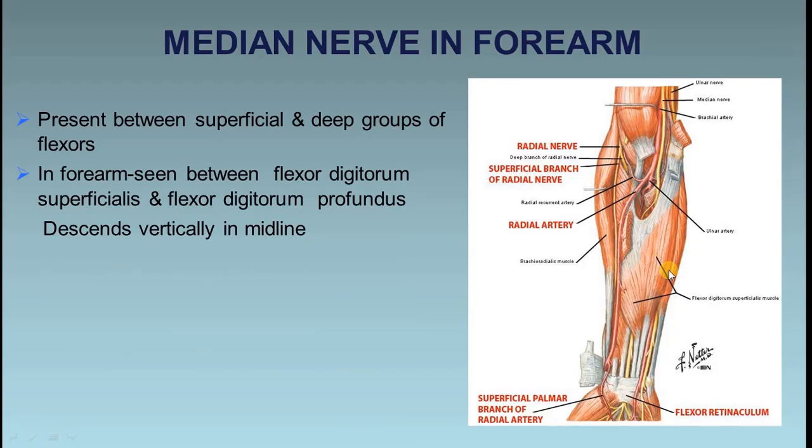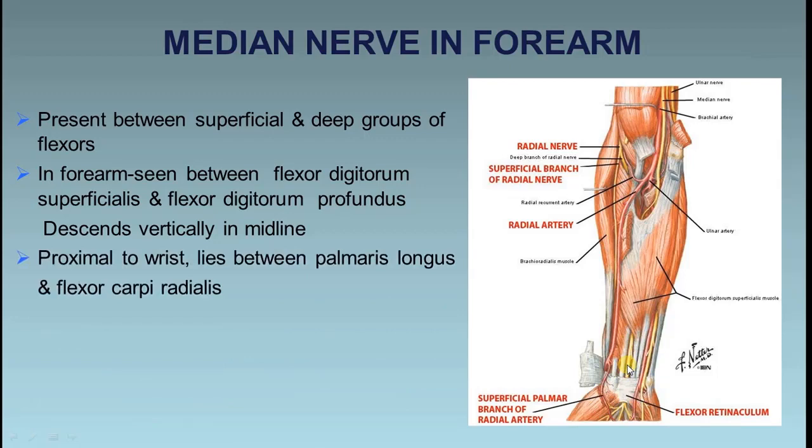Then it descends vertically, and in the lower part of the forearm, it is present between the palmaris longus and flexor carpi radialis. That is the flexor carpi radialis muscle for you, but the palmaris longus muscle is not shown. So it is somewhat superficial in the lower part of the forearm, near the wrist.